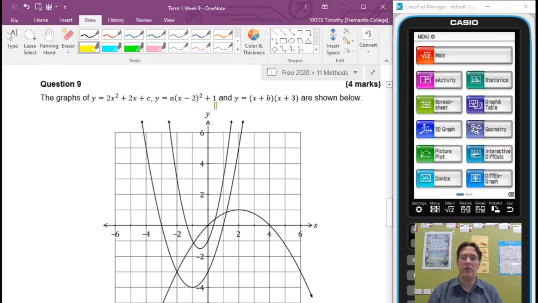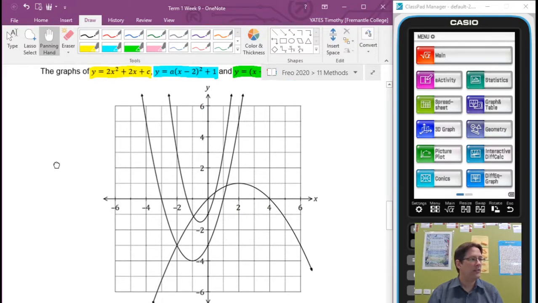And that is that there were 3 ways to draw our parabola, or 3 ways to write out the equation for our parabola. We had this form, which I called expanded form. We had this form, which I called turning point form, and this form, which I called x-intercept form. So, what do we need to do?